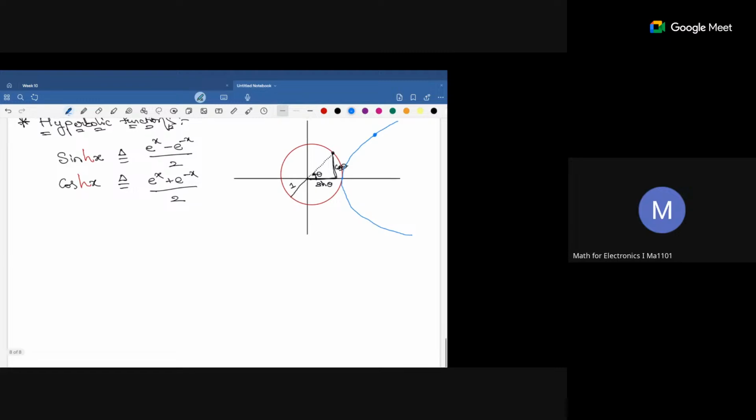We can also write this in power series form, because once e power x comes into the picture, we know the power series expansion of e power x, which is 1 plus x by 1 factorial plus x square by 2 factorial plus x cube by 3 factorial and so on.